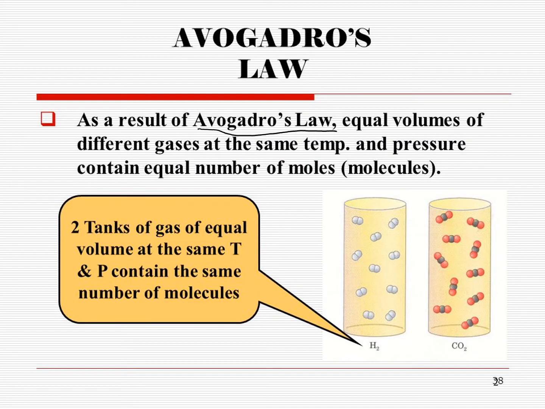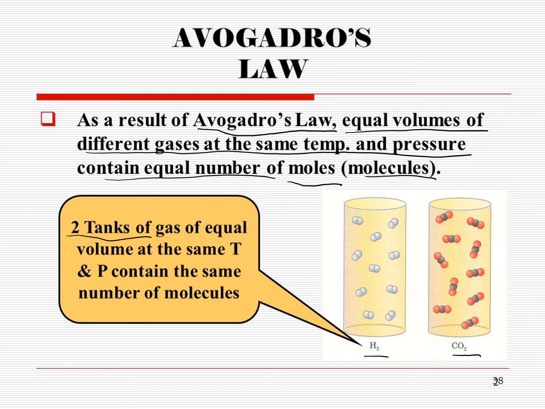Avogadro's law states equal volumes of different gases at the same temperature and pressure contain equal number of molecules, or we could also say moles. So these two tanks of gas, we have hydrogen and carbon dioxide. They both have 10 molecules in each of those containers.